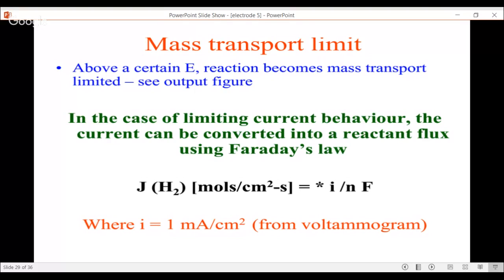We have already shown this. The flux, if hydrogen is the depolarizer, the reactant, in moles per square centimeter per second is given by the current density divided by nF, where i is equal to 1 milliampere per square centimeter from the voltammogram.